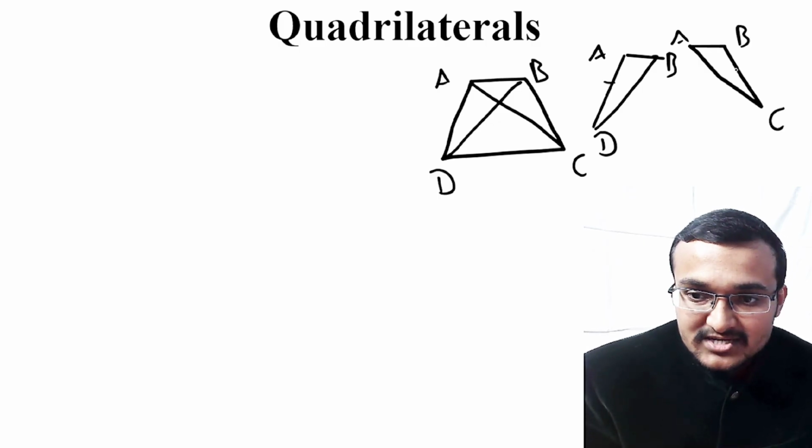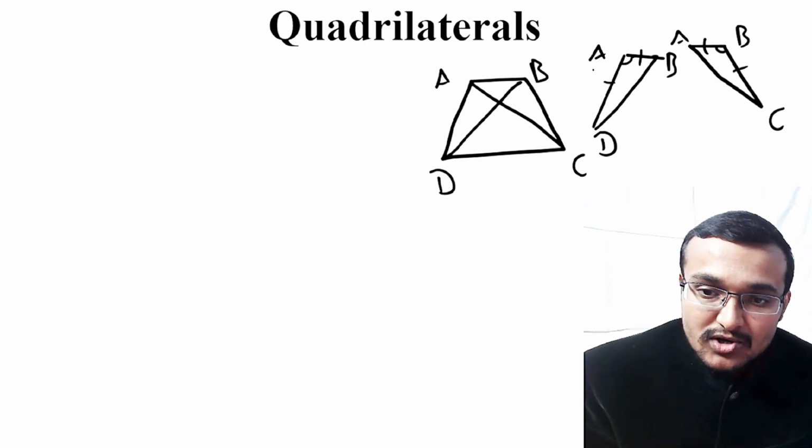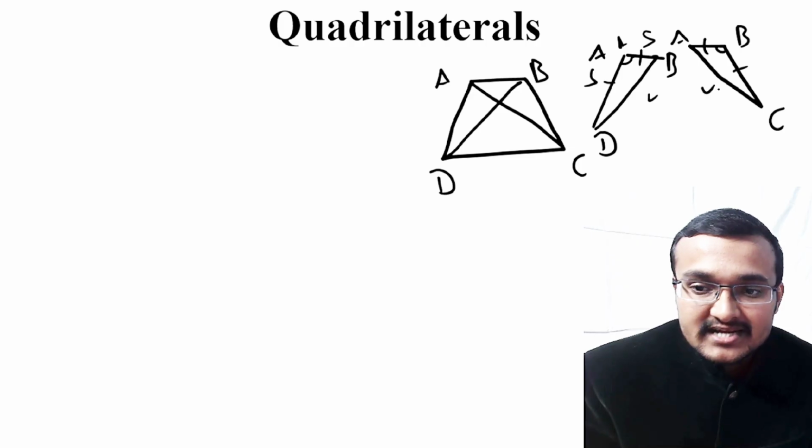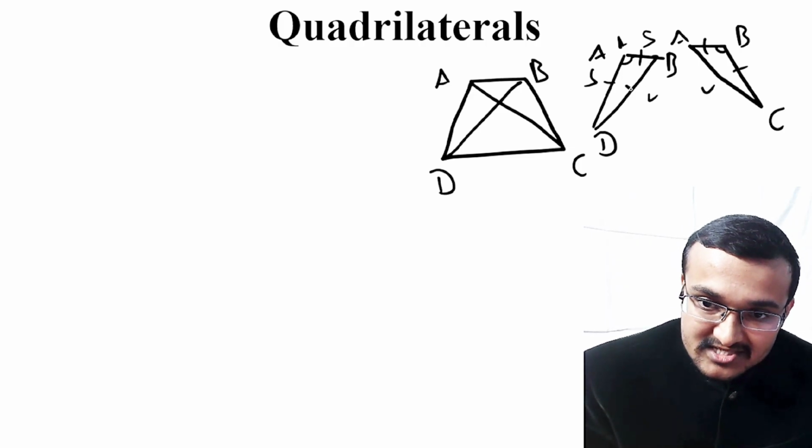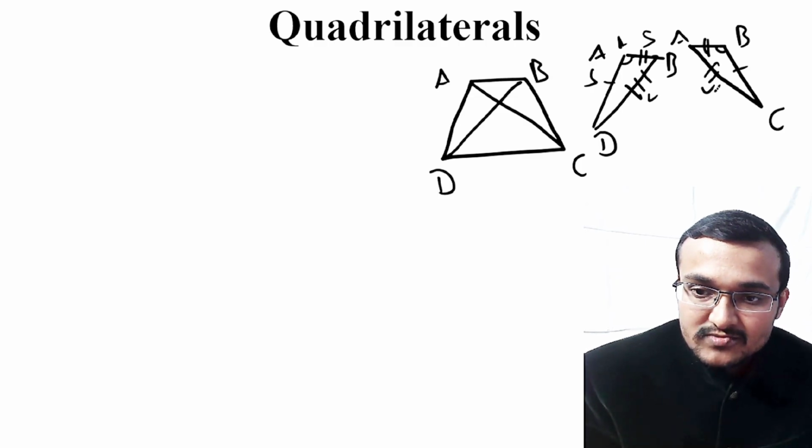Here we already know AD is equal to BC, and AB is acting as a common side, and we have also proved that angle A is equal to angle B. So according to the SAS axiom, these two triangles will be congruent to each other.